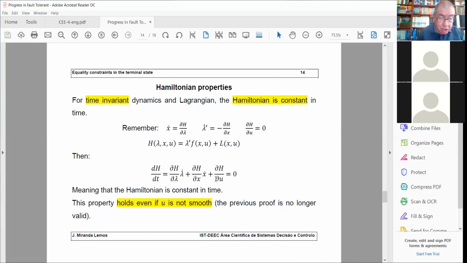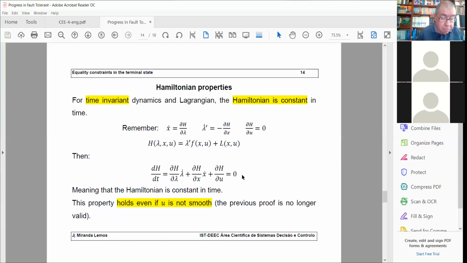And this term also vanishes. It is multiplied by u dot, but u dot exists, it does not go to infinity, and dH/du is 0 because of the last optimality condition. So all these terms vanish, and the total derivative of the Hamiltonian with respect to time along an optimal path is always 0.